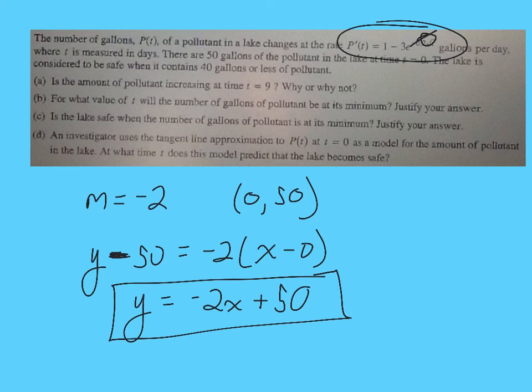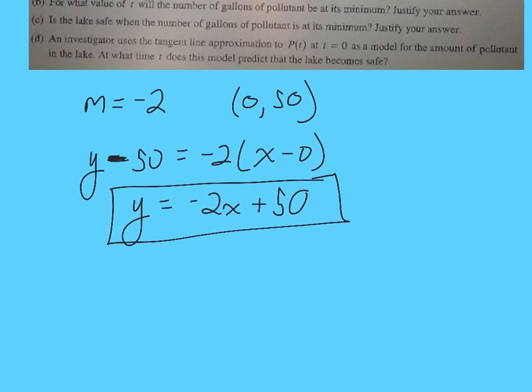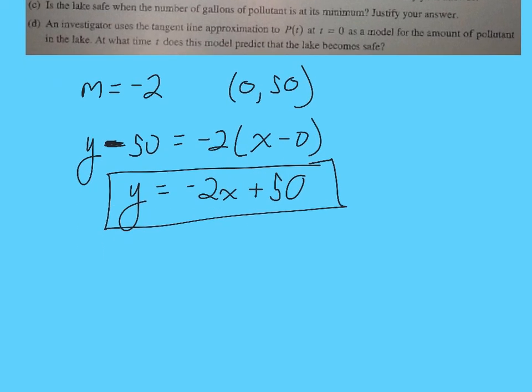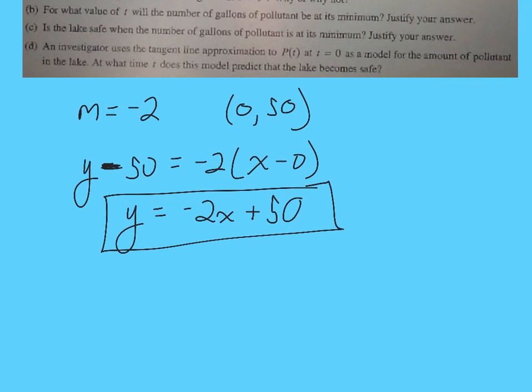Now we need this to actually be 40. We don't need it to go to 0. We need it to be 40. So just a quick analysis here. It looks like the tangent line approximation is saying x is equal to 5. When it gets to 5, we'll be at 40. Okay, so the tangent line approximation in this case is not really good.